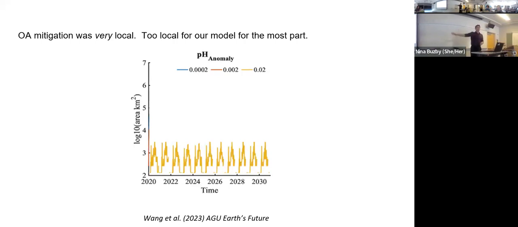The main takeaway here is just that our model wasn't quite high resolution enough, despite the fact that I was using the highest resolution model I could conceive of, which was a 10 kilometer by 10 kilometer model. So this suggested that to look at ocean acidification mitigation, even with a large intervention, we're talking about a relatively narrow area over which that mitigation is going to be found. That suggested that we needed a high resolution model.